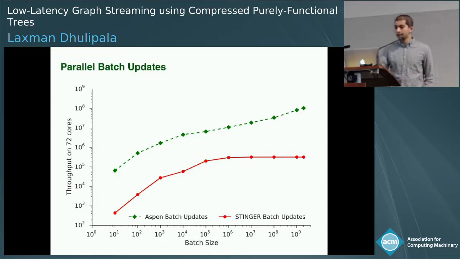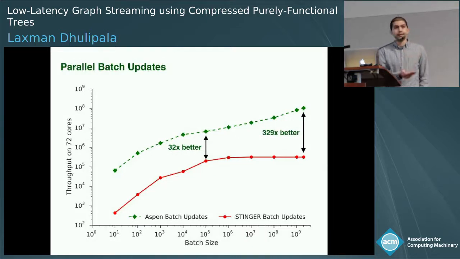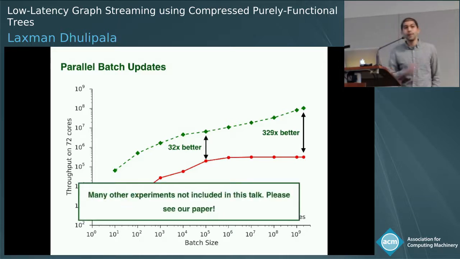And we found that we're, in the worst case, 32x better, which is already an order of magnitude better throughput, and in the best case, 329x better throughput than Stinger. And this is because Stinger is unable to achieve throughput rates higher than about 300,000 per second and cannot scale to large batches. And there's many other experiments that were unfortunately not included in this talk, but please see our paper for these details and our experiments.